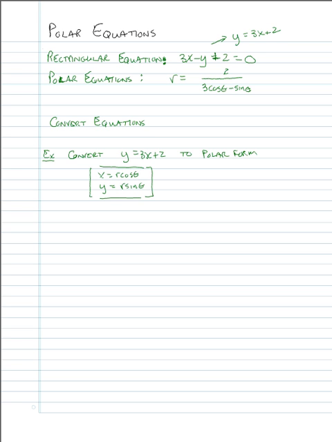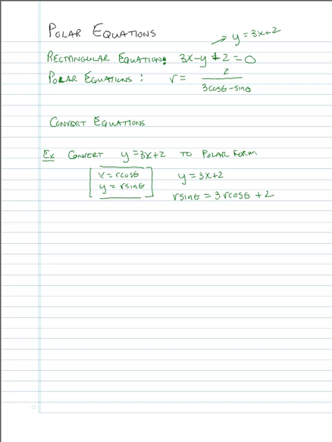When we take the equation y is equal to 3x plus 2, we replace our y with r sine theta, equal, we have 3 times x, so we replace our x with r cosine theta, and then plus 2. So we've done a conversion from one system to the other.